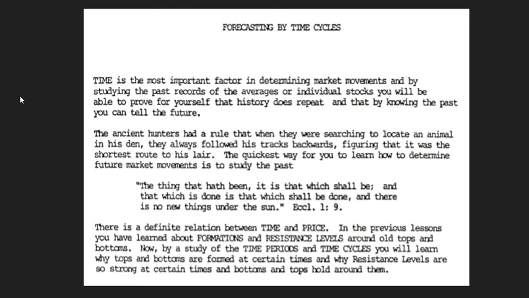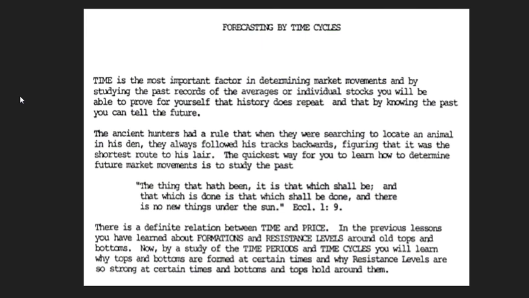The ancient hunters had a rule that when they were searching to locate an animal in his den, they always followed his tracks backwards, figuring that it was the shortest route to his lair.